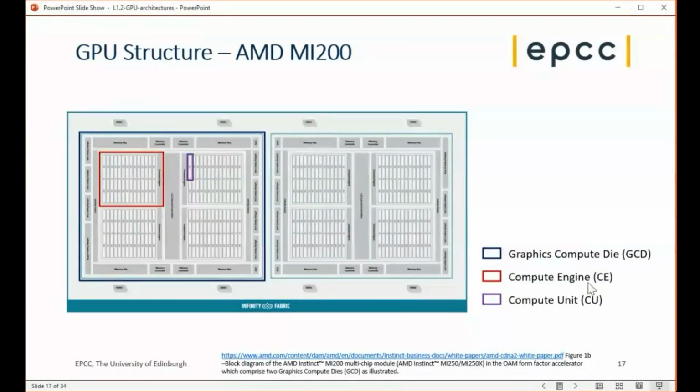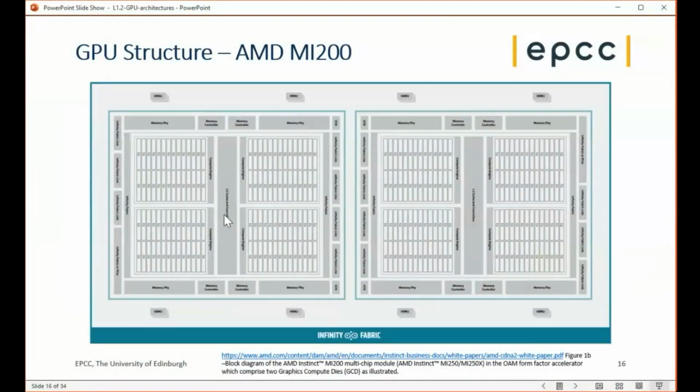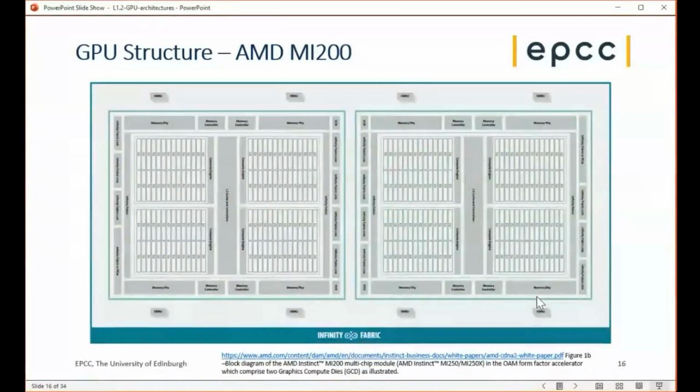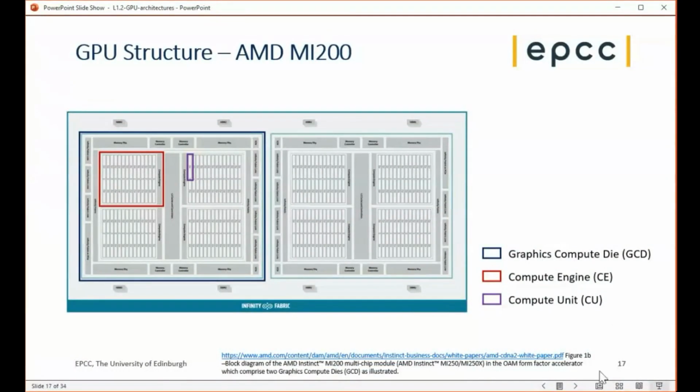They have a compute unit, which is the equivalent of an SM. So NVIDIA talks about SM, streaming multiprocessors, and AMD talk about compute units, CUs, which is like the smallest GPU processor, but it is internally multi-threaded, which is the main thing to realize.